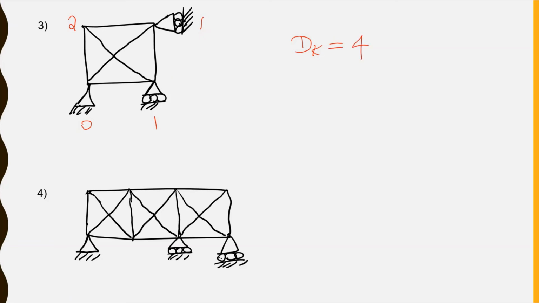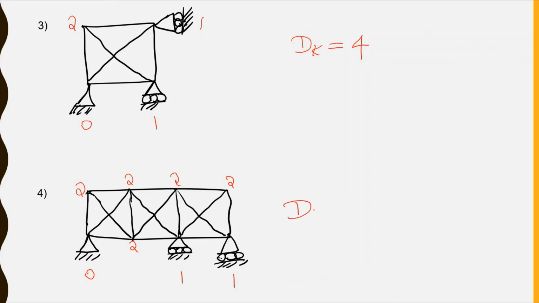So the total degrees of freedom of this structure can be written as 2 plus 1 plus 1, that is 4. Now coming to the fourth example, we have 3 supports. The hinge support has 0 degree of freedom, one roller support has 1 degree, another roller support has 1 degree, and we have a lot of free joints. Each free joint has 2 degrees of freedom, and there are 5 free joints.